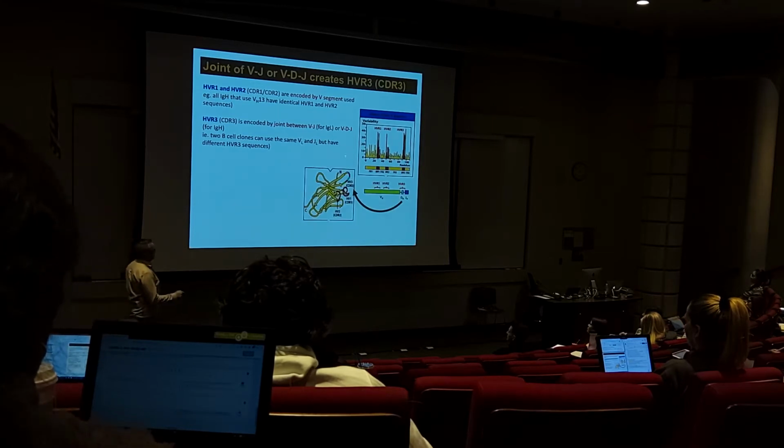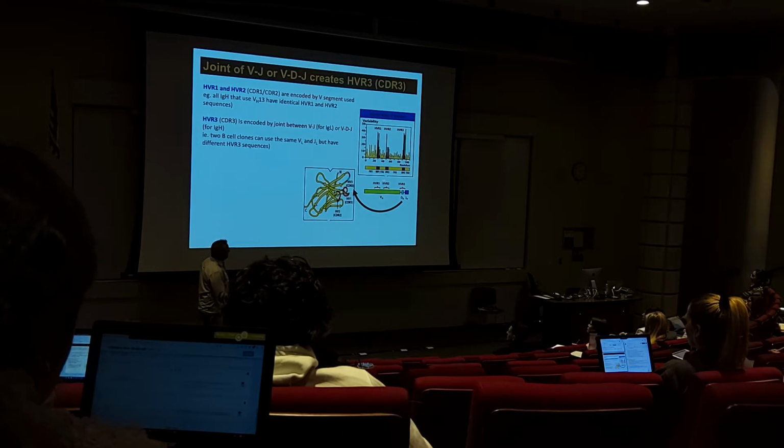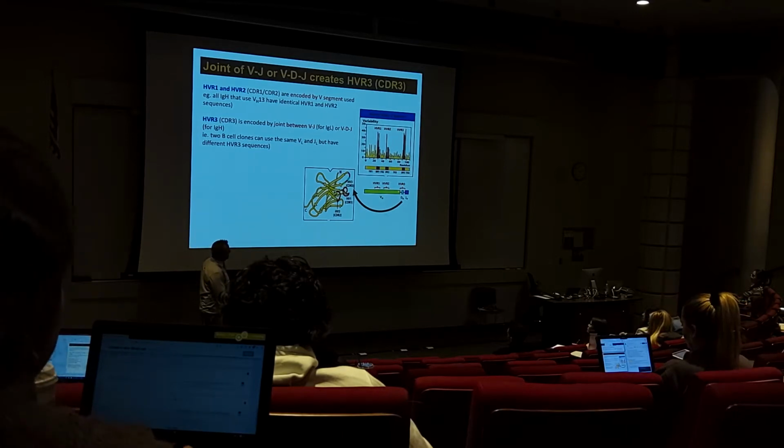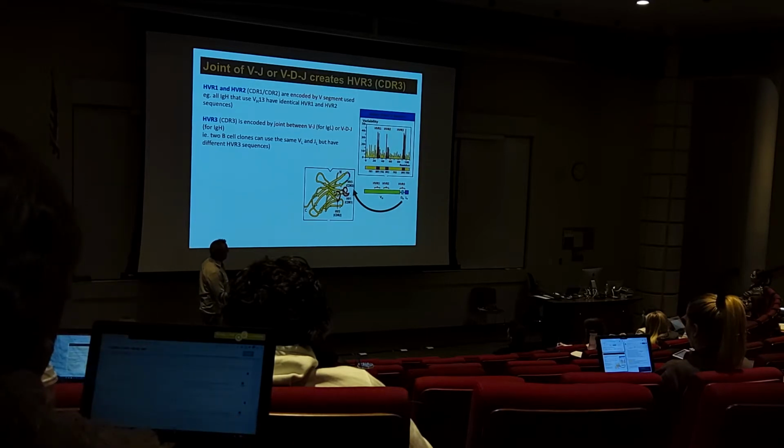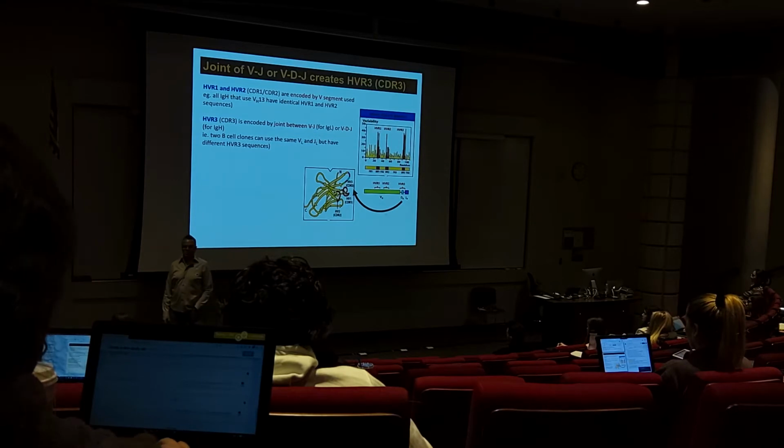Okay? And if you look at this, right, the HBR1 and 2 are just whatever V gene segment you picked, but the HBR3 is this joint between, in this case, a heavy chain, V, D, and J. And when you look at the actual part of the antibody, these are from the gene segment, HBR1 and HBR2, but this is the part where you get the most diversity.